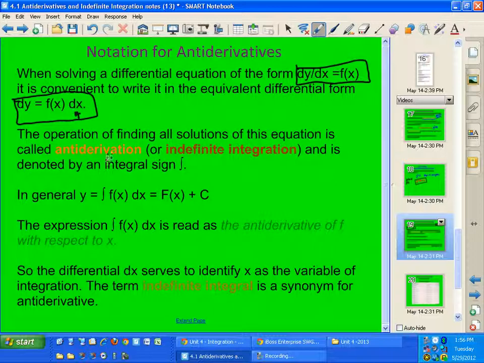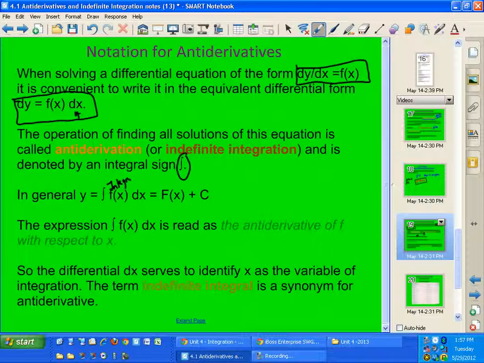So we have antidifferentiation, indefinite integration, and the integral sign. All of these are new terms, and this is the integral sign. It's like a little curvy s. Then this f of x is our integrand.